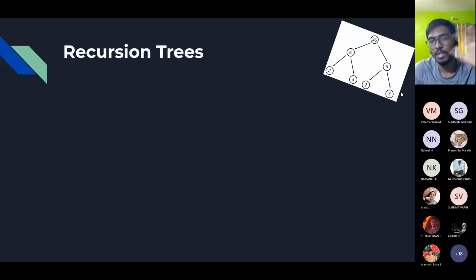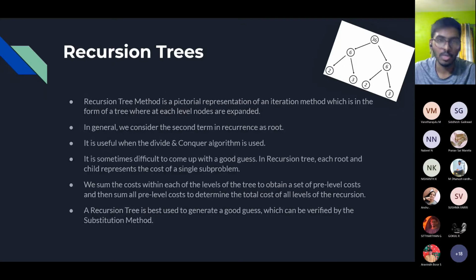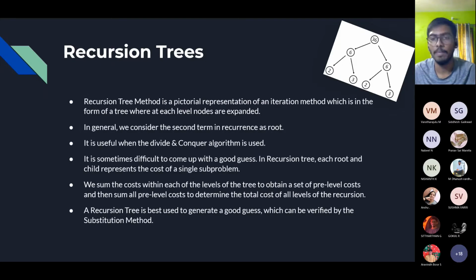So, the recursion tree. You all know basically how a tree looks. There are stems and branches which divide into much smaller sub-branches. A recursion tree is a pictorial representation of a problem which is divided through nodes and expands broadly as we go below.